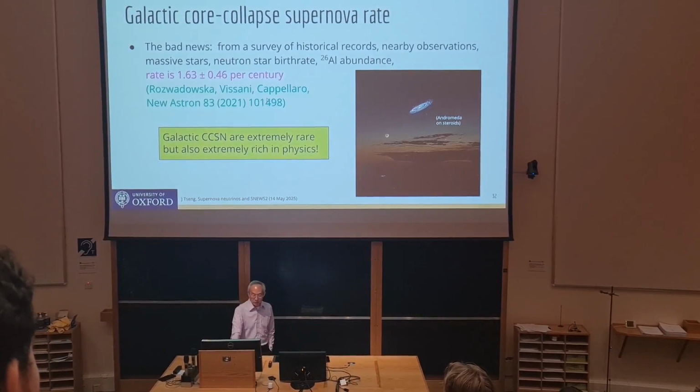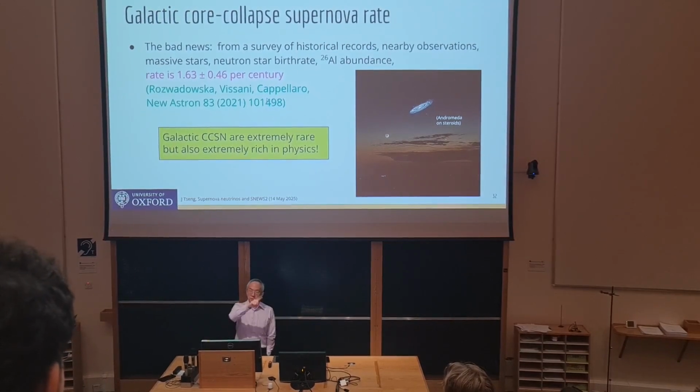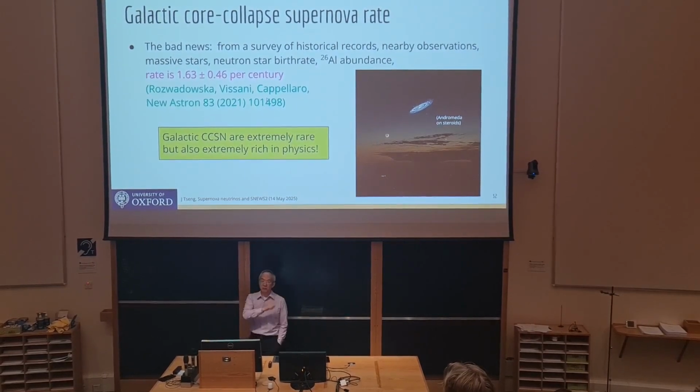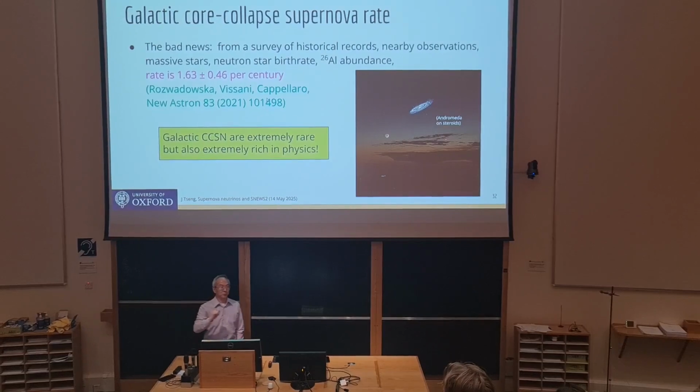They are extremely rare, but they're also extremely rich in physics. All those detectors that I showed you, and there are a bunch of other detectors as well, are actually designed to do something else, except for the HALO detector. HALO is pretty much just a supernova detector.